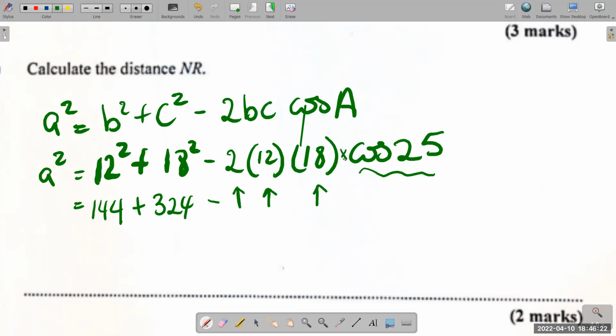Remember in maths, when things are next to each other, there's an operation in between them. And cos 25 has a value in the calculator, it's a decimal. So it's 2 times 12 times 18 times whatever cos 25 value is. Okay? So there we go. I'm just going to rewrite it so it's easy for us to multiply. So you write back 2 times 12 times 18. What is cos 25?